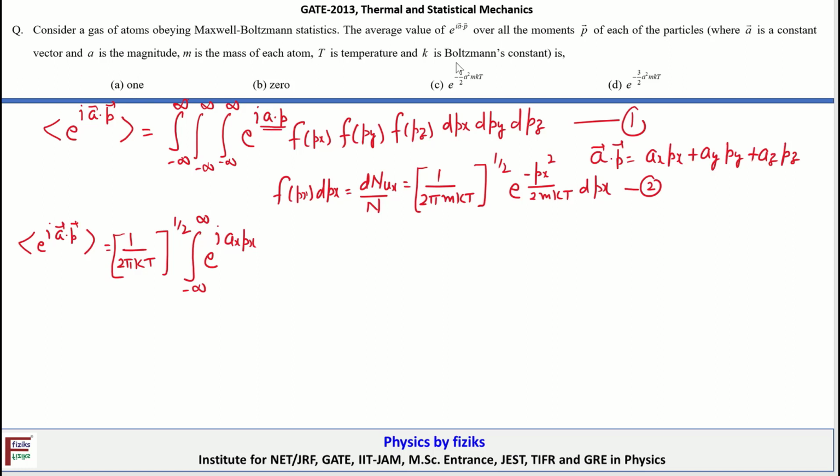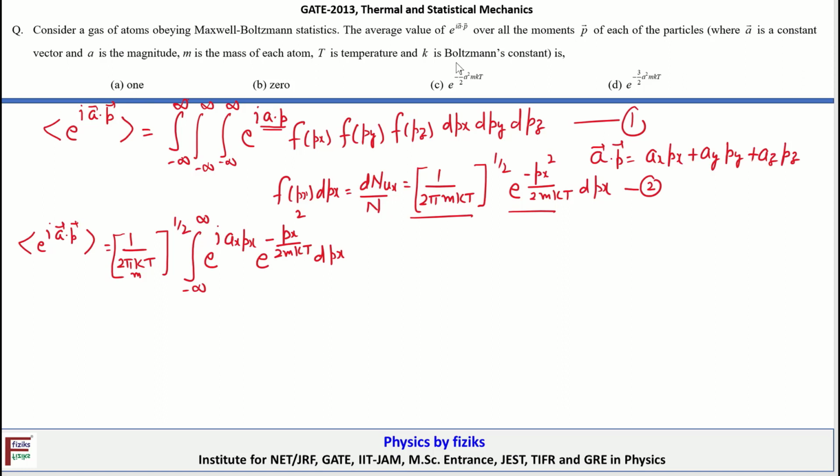The first term has exponential minus px square upon 2m kt, multiplied by dpx.